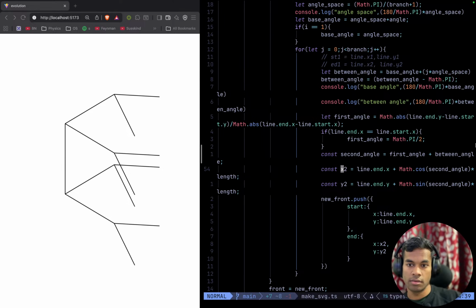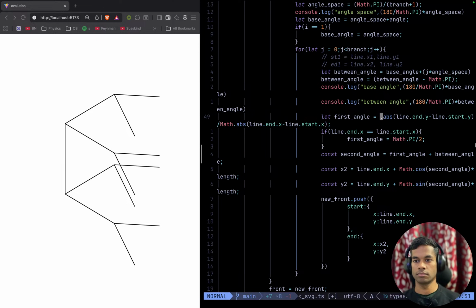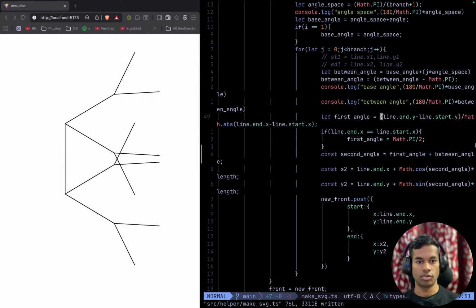Okay. And second angle is changing because, wait. That should change something. Yes, that has changed something. Divided by Math dot abs, shade. Okay, that was a bit stupid, I think.